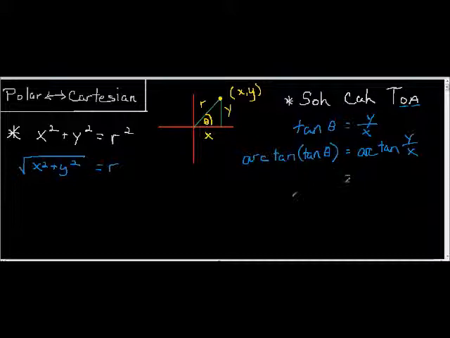And so that leaves us then with the arc tangent of the tangent of theta. Well, that's just theta. So theta then equals the arc tangent of y over x.